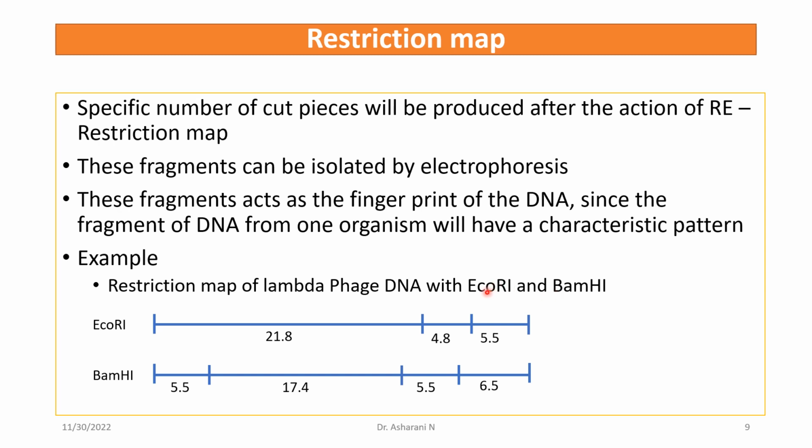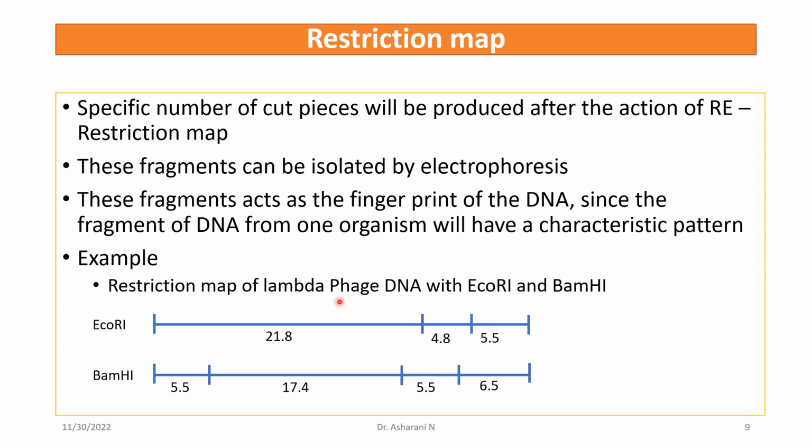We will see what happens if EcoR1 acts on this lambda phage DNA. It cuts the DNA into three fragments of variable lengths: 21.8, 4.8 and 5.5. So if EcoR1 acts, we have three fragments.